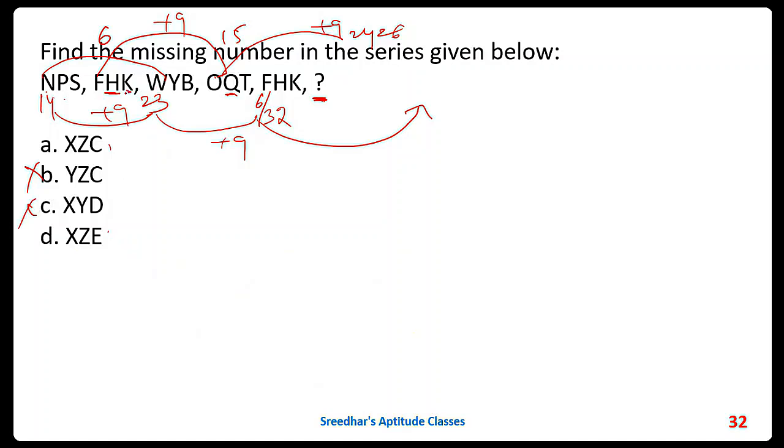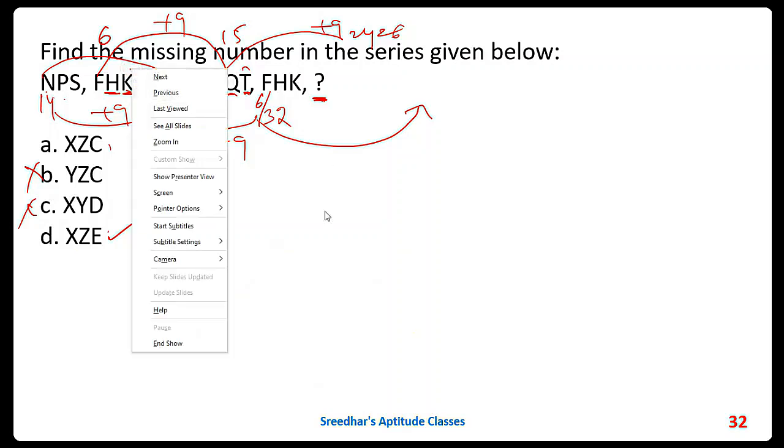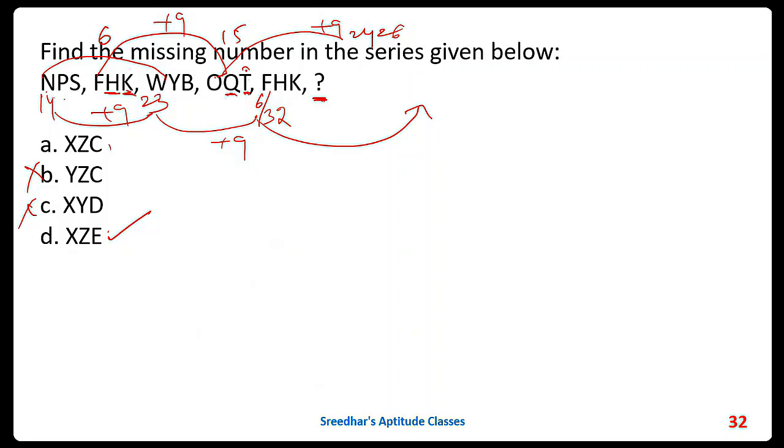Now K is 11, T is 20, so 9, not 11, I'm sorry, 9. Yes, it should be the first option, right?